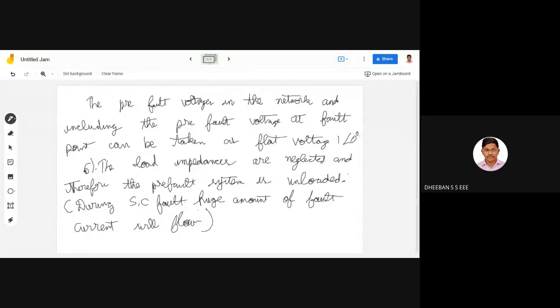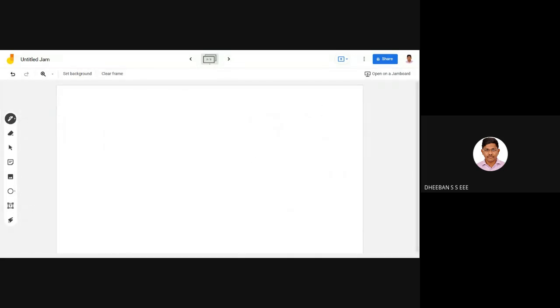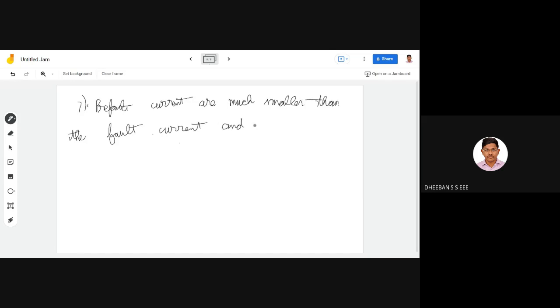These are some of the assumptions, and the final assumption is that your pre-fault current is much smaller than your fault current. This you already know. And hence the pre-fault current can be neglected.